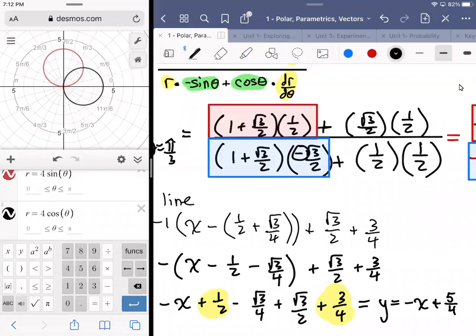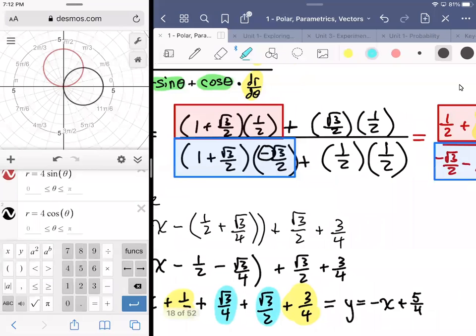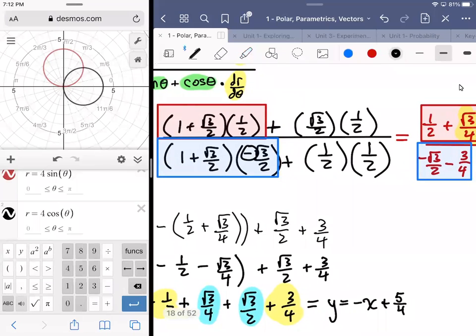Plus radical 3 over 4. All right, so I guess I don't need to highlight the whole thing then. I can just take this guy and add it to this guy. So radical 3 over 4 plus 2 radical 3 over 4 would be 3 radical 3 over 4. Get a common denominator there.